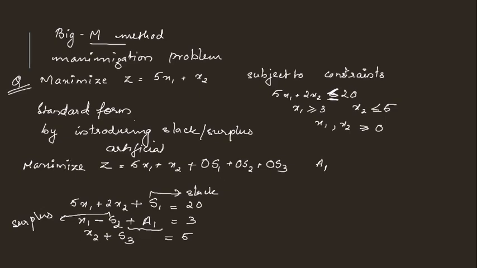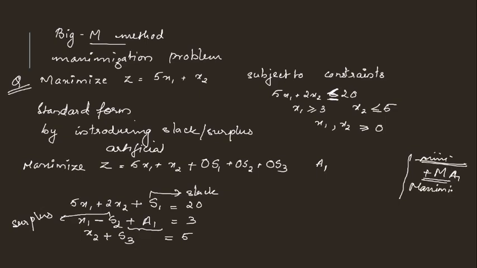In the minimization problem, when you get an objective function and you are doing it with the help of the Big M method, you introduce the artificial variable into the objective function with the coefficient plus M. So this is in the case of a minimization problem.